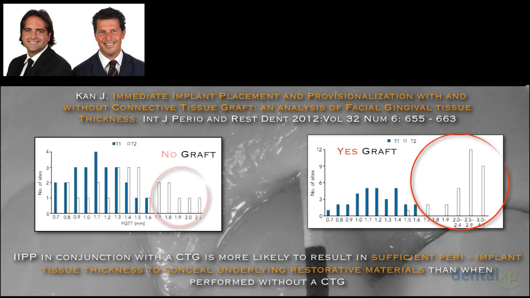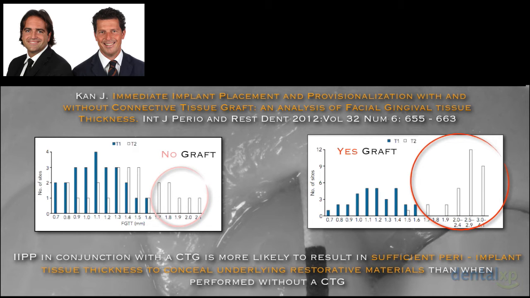And what he discovered and described is that in the yes graft group, at T2, that is the final restoration, he had more than 2 millimeters thickness of tissue.